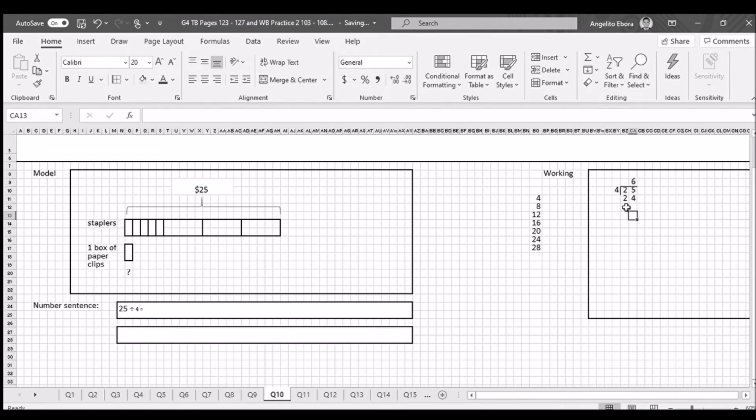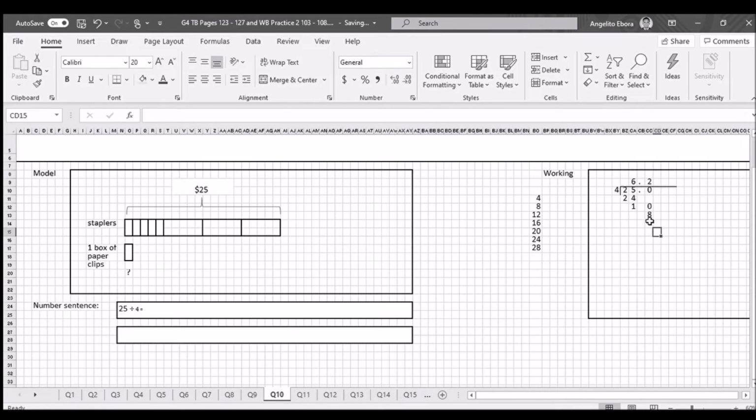So 6 times 4 is 24. Then 5 minus 4 is 1. And since this one is money, we need to add 0. When you add 0, make sure to use that 0, and you have to put your answer on top of the 0 that you added. So 10 divided by 4 is 2, which is 8.